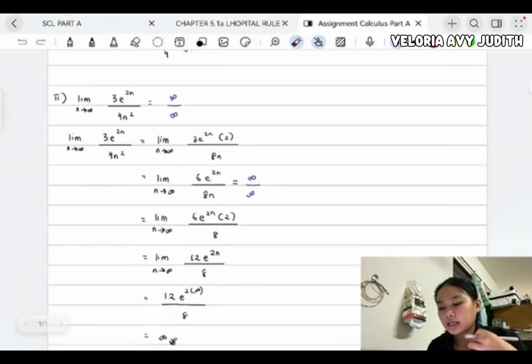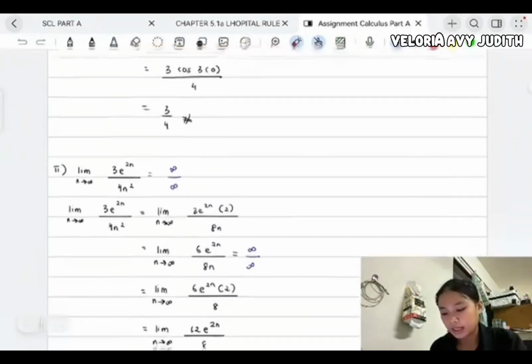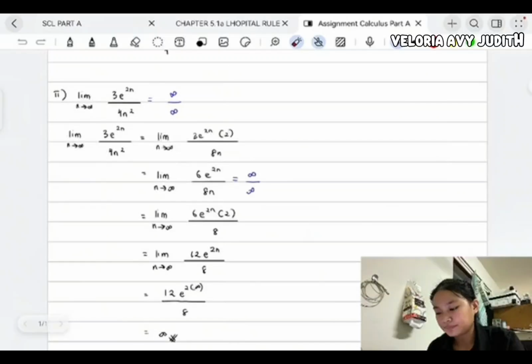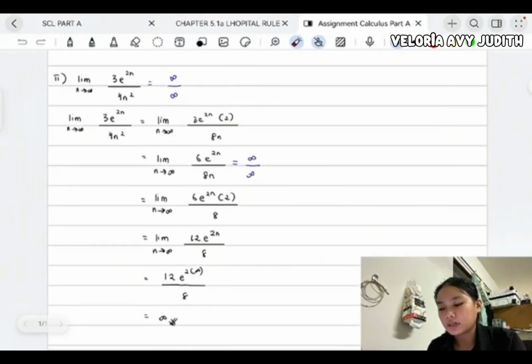So now we need to use L'Hopital's rule, and we differentiate the numerator and denominator. If we differentiate 3e to the power of 2n, we will get 3e to the power of 2n times 2, over 8n. After we simplify, we get 6e to the power of 2n over 8n.